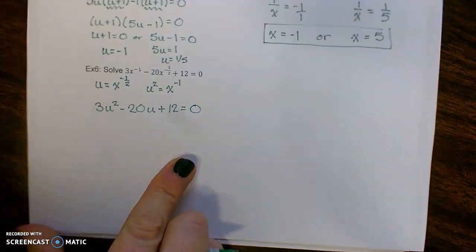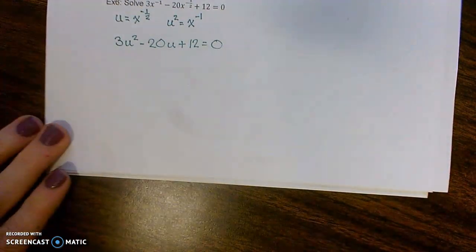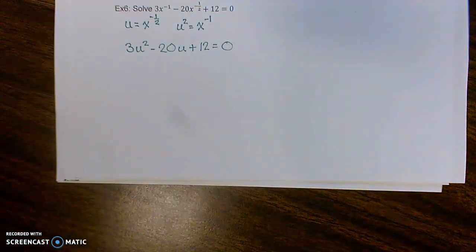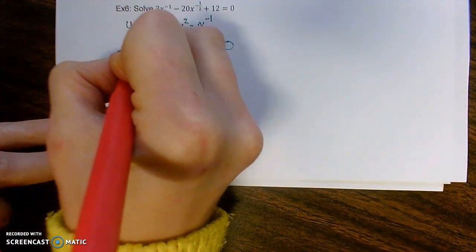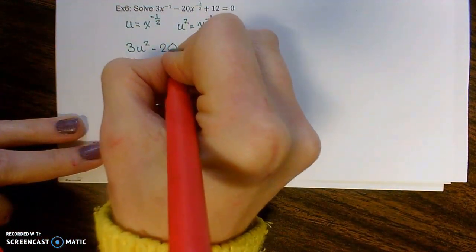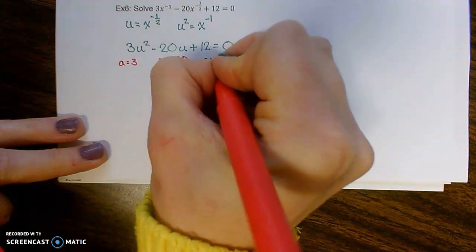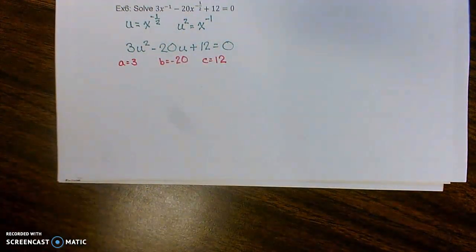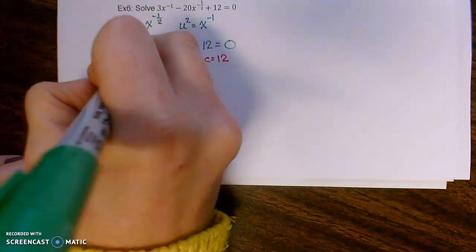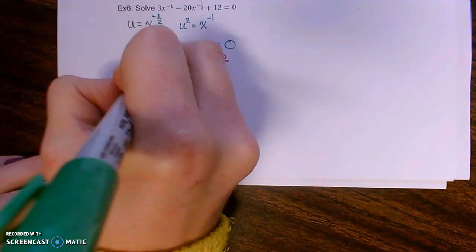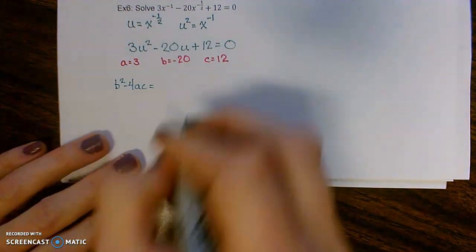I don't really want to factor this guy, so I'll probably just use the quadratic formula here. Remember, we use the quadratic formula. a is 3, b will be negative 20, c will be 12, and I like to do the discriminant first. So b squared minus 4ac. I just like to do that calculation first.